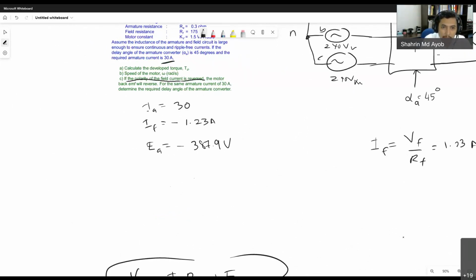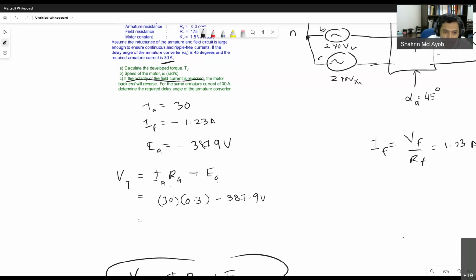From that, it asks you to calculate the new delay angle for the converter. We are still using VT equals I_A R_A plus EA. Your IA is maintained at 30, your RA is also maintained at 0.3 ohm, and your EA right now is negative 387.9 volts.